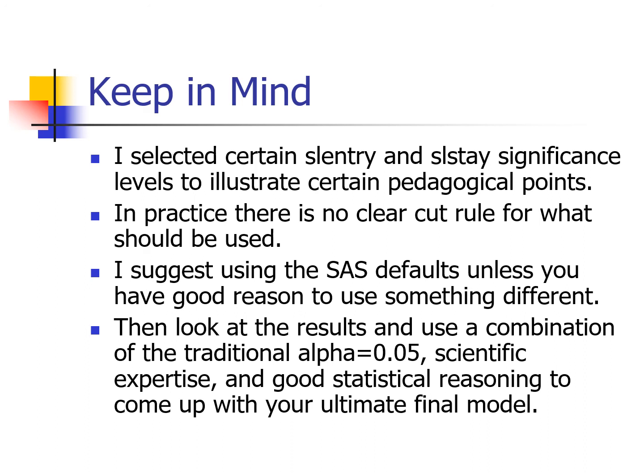And then, from that, only keep those things in our final model based on that traditional 0.05, and then maybe some combination of scientific expertise and statistical reasoning. So for the automated process, use those liberal ones. But at the end of the day, for the final model, I would usually not have anything in my model that doesn't have a p-value less than the usual 0.05, unless I had some convincing reason to do otherwise. Okay.